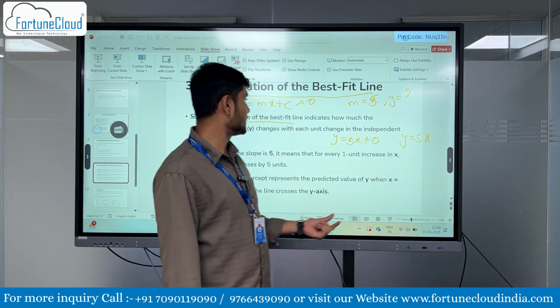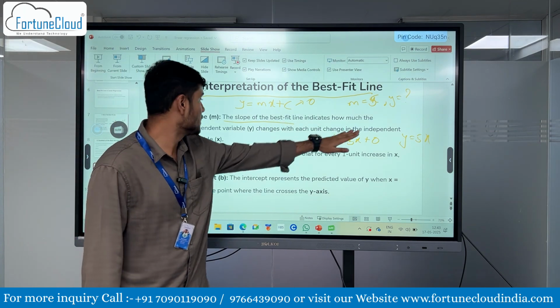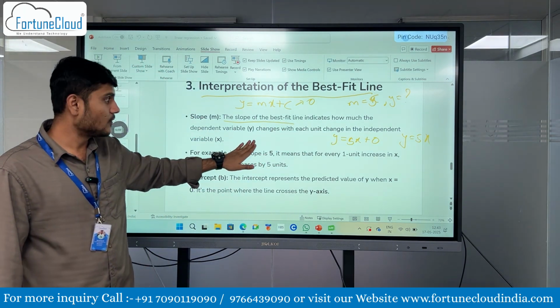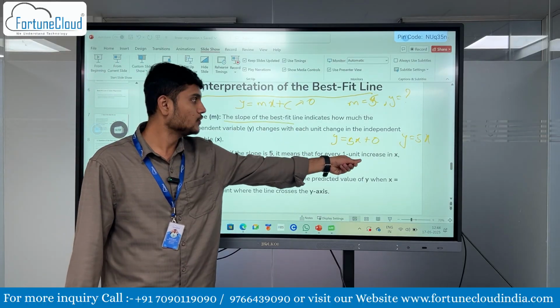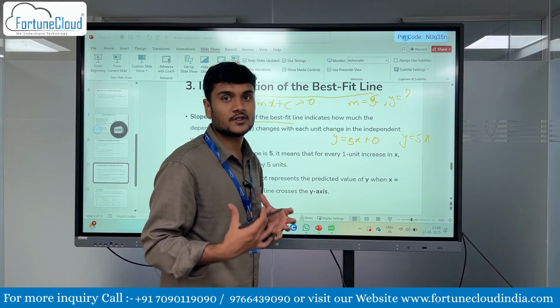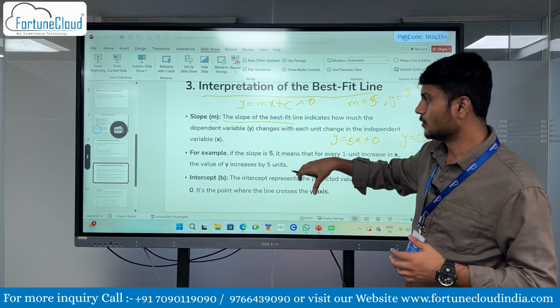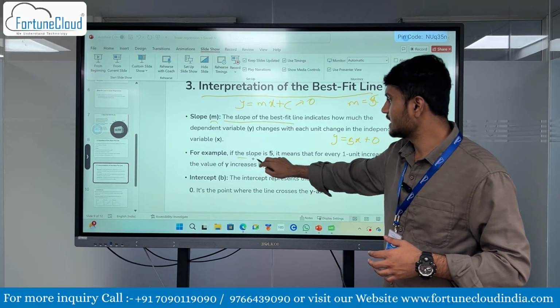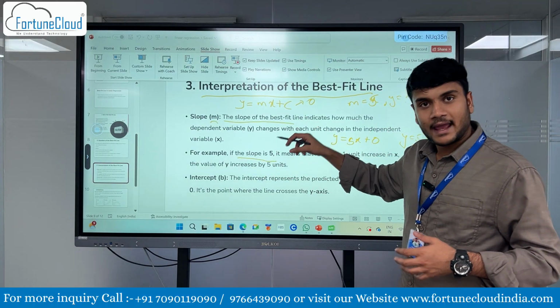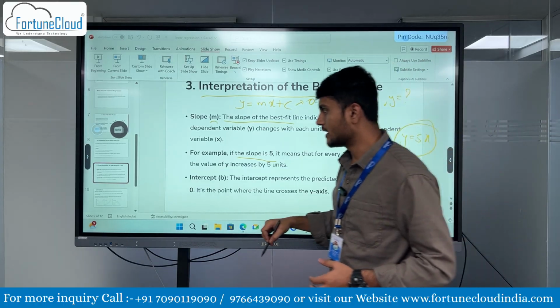This m is my slope, and it indicates how much the dependent variable y changes with each unit of the independent variable. This is a little bit confusing, but don't be confused: m is the slope. Here I took the example of m equals 5, and it changes something like this.